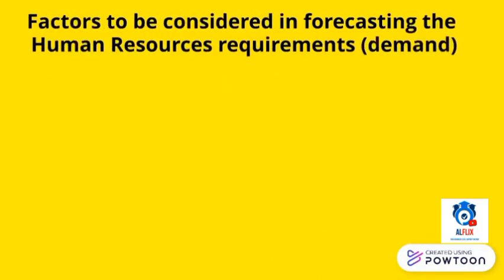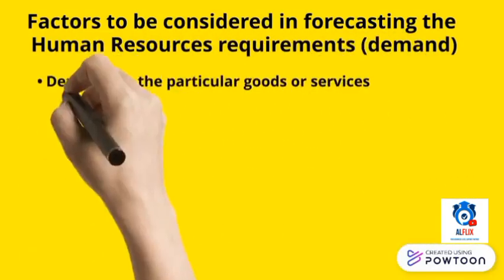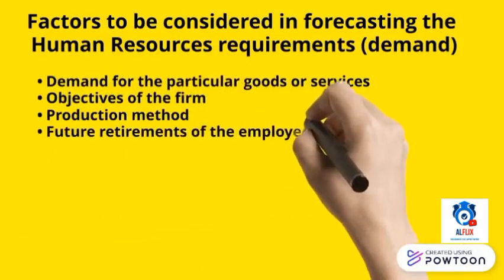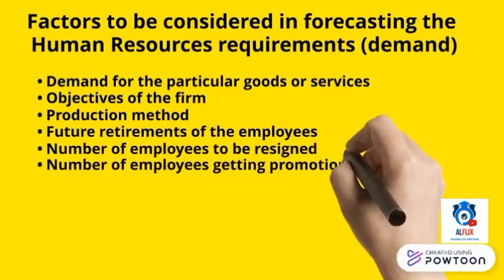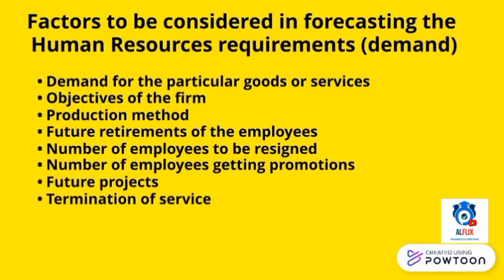Now let's look into the factors to be considered in forecasting the human resources requirements. Demand for the particular goods or services, objectives of the firm, production method, future retirement of the employees, number of employees to be resigned, number of employees getting promotions, future projects, termination of service.